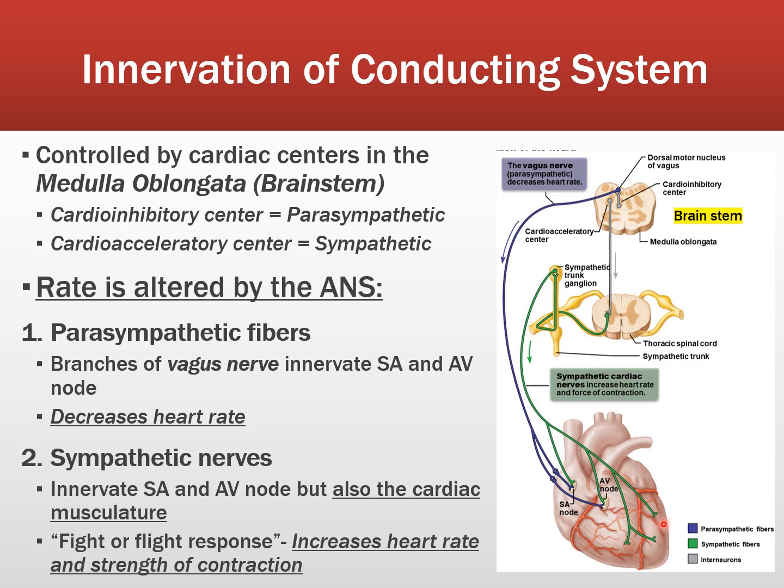So it's a little bit different from the parasympathetic, so it also stimulates the musculature directly. So not only does it increase the heart rate for the fight or flight response, but it also strengthens the contraction. So it makes the heart contract even harder. So not only faster, but also harder.